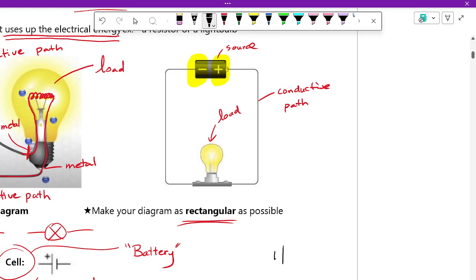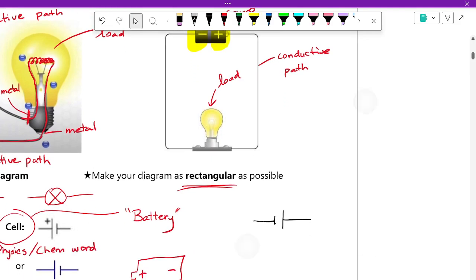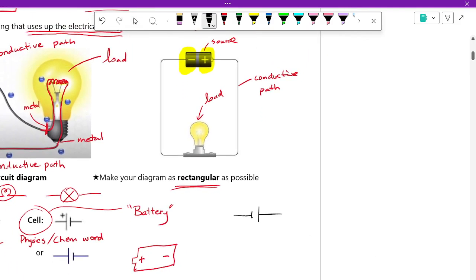That's our battery. And then we would draw lines, and we're going to make it a rectangle. As straight of lines as possible. And then our load, I'm going to use the easiest lamp, I think. That is a circuit. That is a simple little circuit diagram.